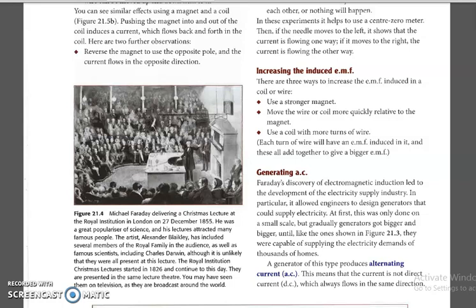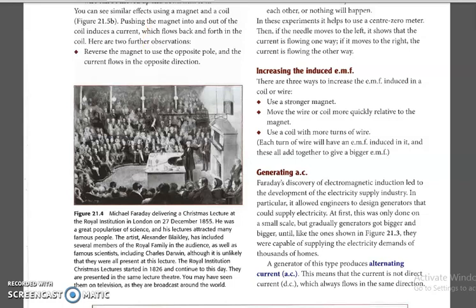Second thing, yesterday itself we discussed, if we move the magnet more quickly, what will happen? It will be cutting the magnetic field lines faster. If we move the magnet more frequently, it will be cutting magnetic flux faster, so it will be inducing more EMF.